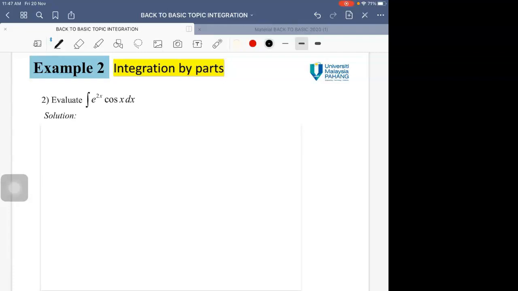So we have here LPET. From this problem there is no ln and no polynomial, but we have exponent 2x here, and then we have trigo, which is cos x. So the selection of our u should be exponent 2x. Okay, you are very smart. Now we check with the tabular method first.